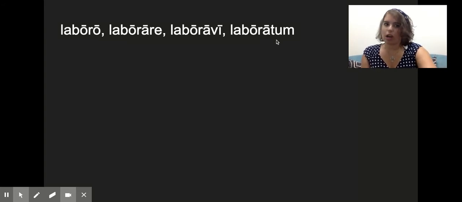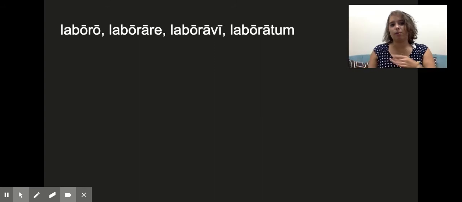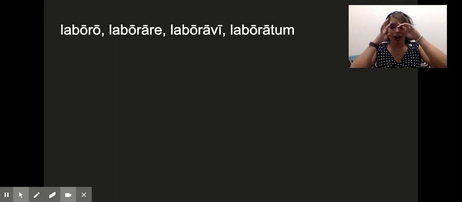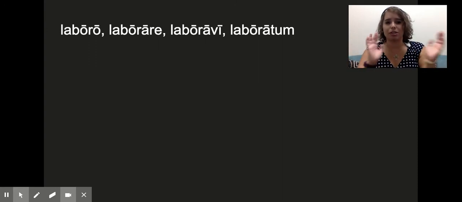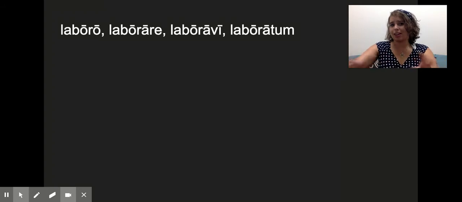This 4th form you're not going to see until much later on in Latin. But again, it's very helpful to learn all these forms at the beginning so that in 2 years, if you're continuing on in Latin in high school, all of a sudden you're not like, wait, but I learned all my verbs one way, now I have to relearn them. So I apologize if it seems like I'm asking a lot of you right now, but I promise, it's going to help you out in the long run.